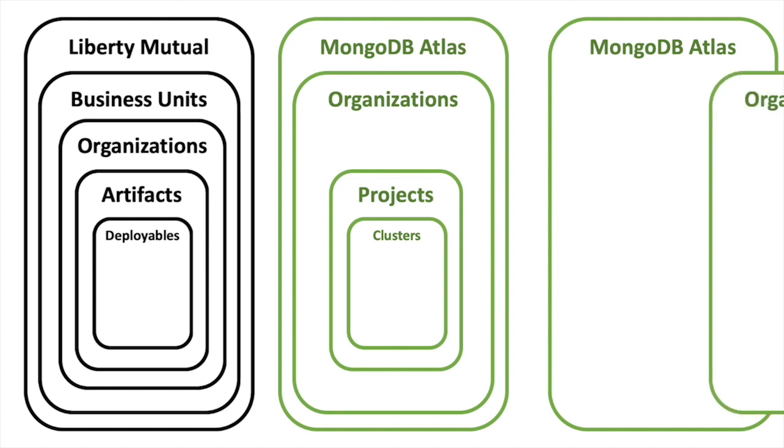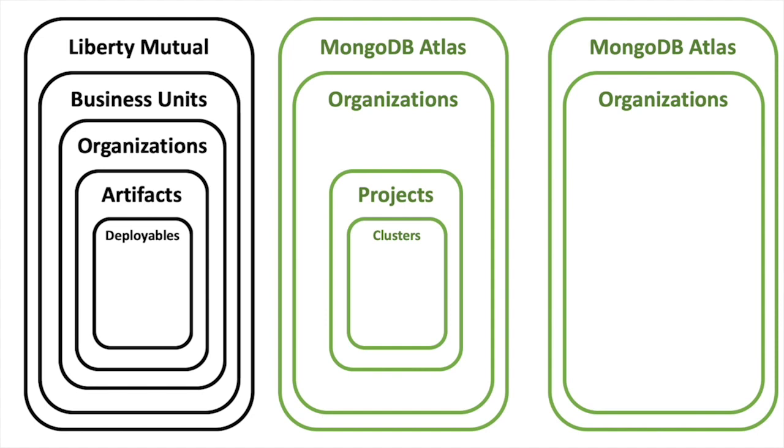And so we are going to stick with the organizations at the business unit level, but instead of having the projects at the artifact level, we're actually going to put the projects and the clusters at the deployable level, because we are actually deploying the project at that level, and it gives us the opportunity to do some things to our dev environments that we don't typically do to our prod environments.